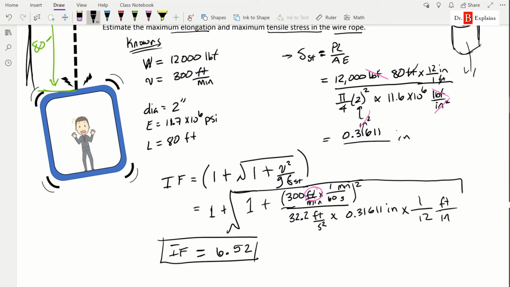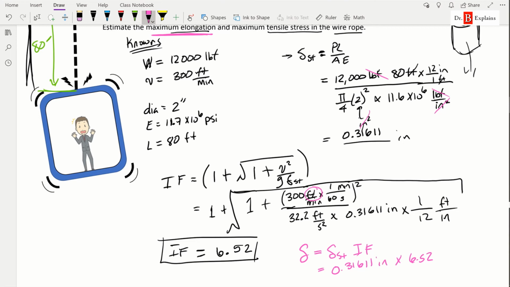So now when we go back to the question of figuring out the maximum elongation, once we have the impact factor, we know that the maximum elongation, delta, is going to be the static deflection times the impact factor. In this case, the static deflection was 0.31611 inches, and this is going to get multiplied times 6.52. Remember, the impact factor is just a number.